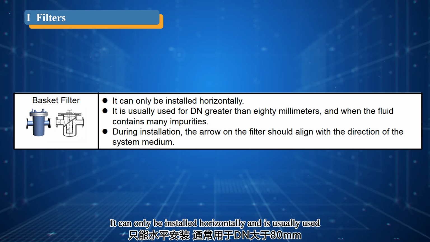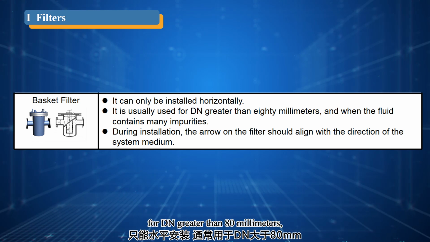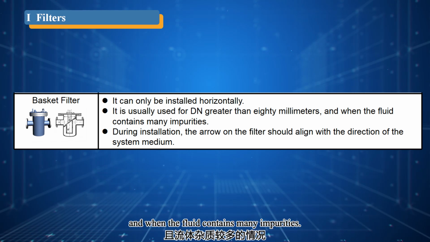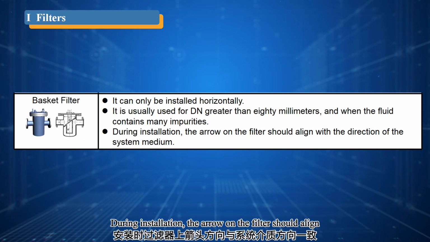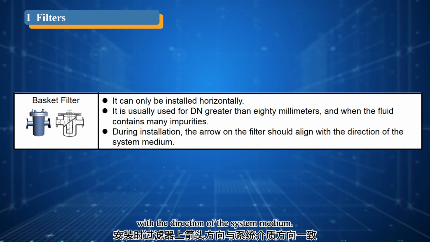It can only be installed horizontally and is usually used for DN greater than 80 millimeters, and when the fluid contains many impurities. During installation, the arrow on the filter should align with the direction of the system medium.